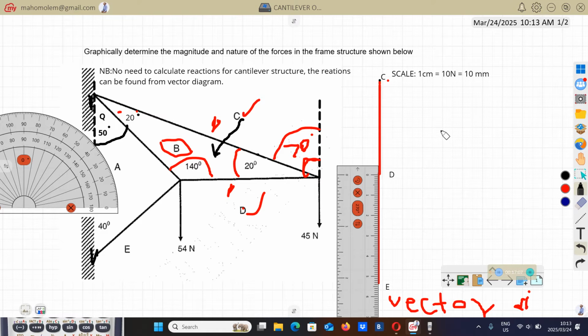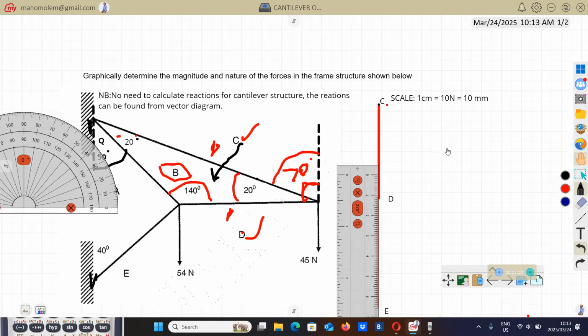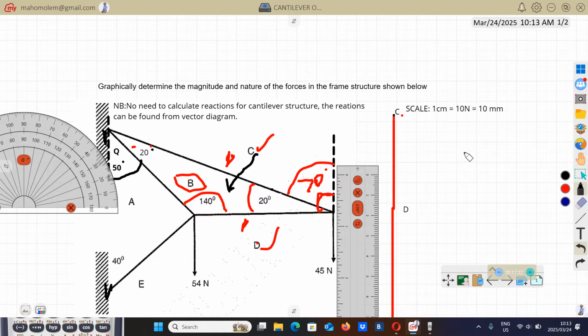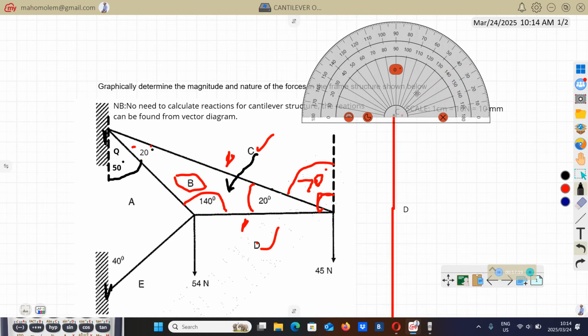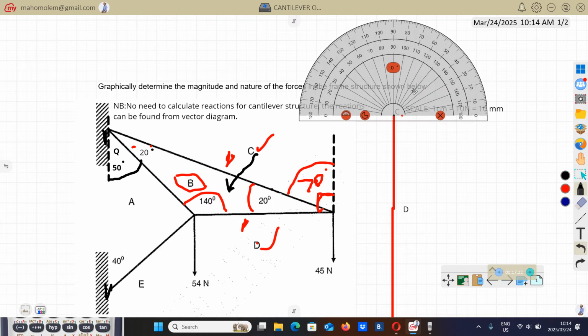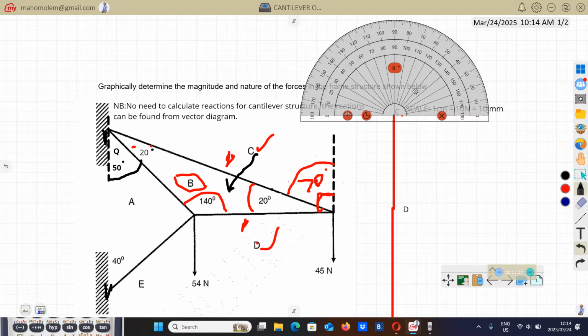You will come with your protractor. You put it there. Then from here, you will mark an angle of 20 degrees. So here's your protractor. You measure. This is 10. This is 20.